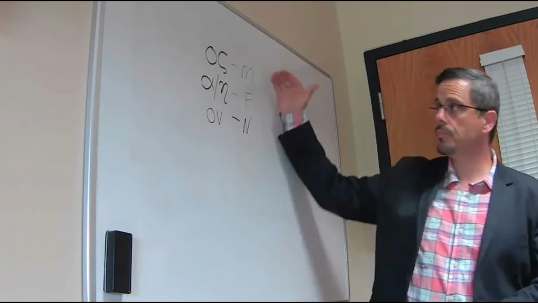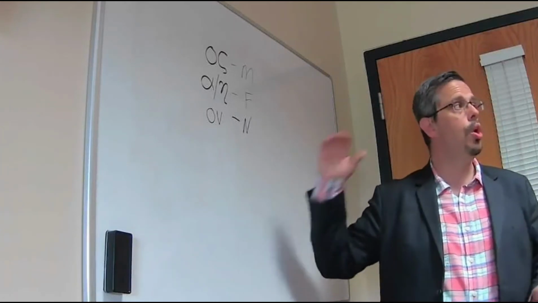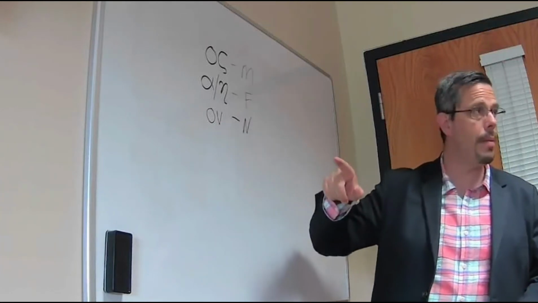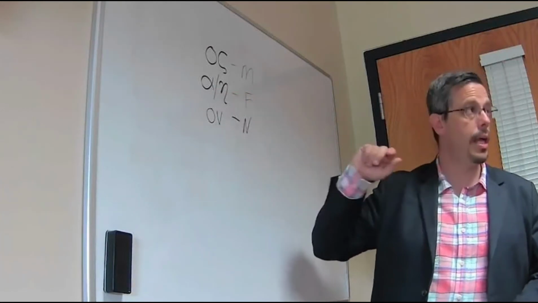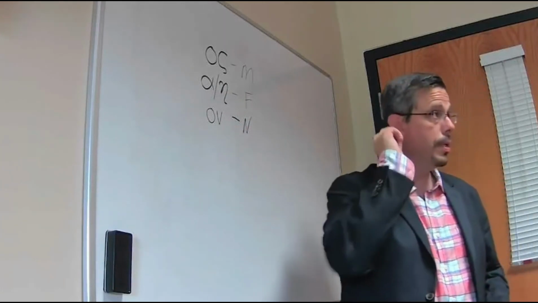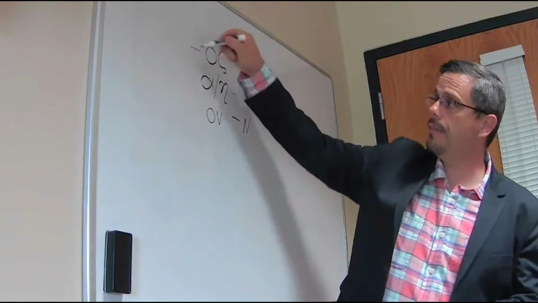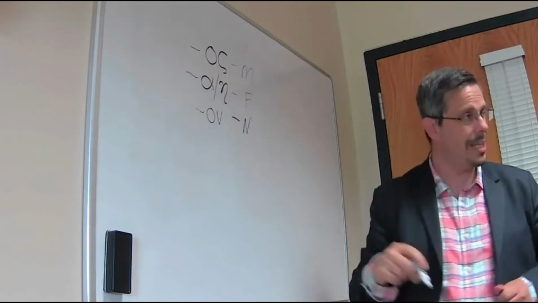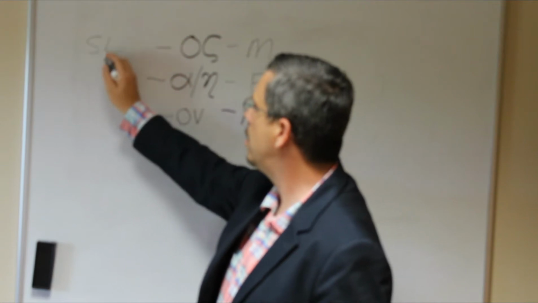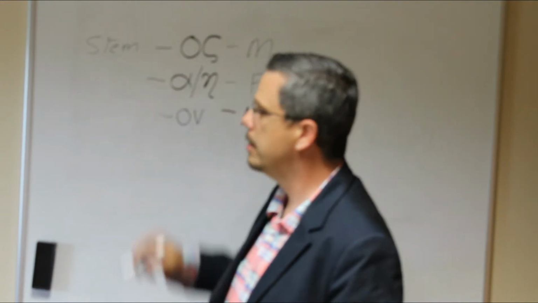All right. This is just kind of a standard rule. When you look at a word in your vocabulary list, os would probably be masculine, a or e ending would be feminine, on would probably be neuter. Now, what's happening in front of these endings will tell you what the stem of the word is. Okay?